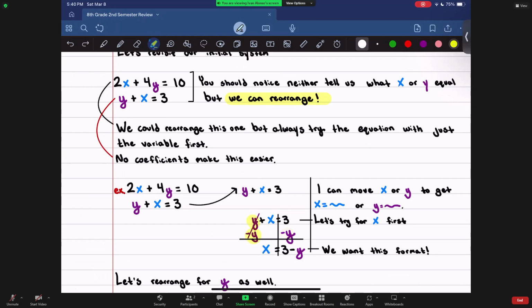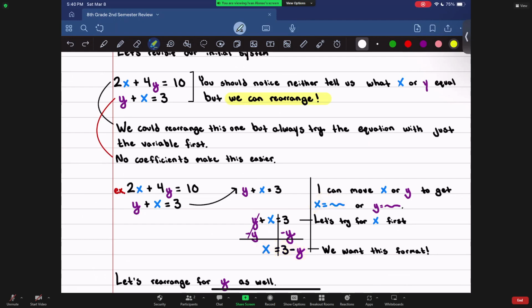My y, if you notice, is no longer on the left side, but it's over here on the right side. And that gives me the statement of x is equal to 3 minus y. Now, if you notice, that's the format we want, okay? We want a statement that says x equals something. And in our case, it's x is equal to 3 minus y.